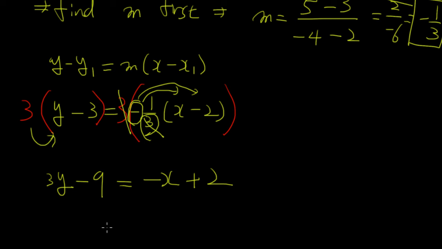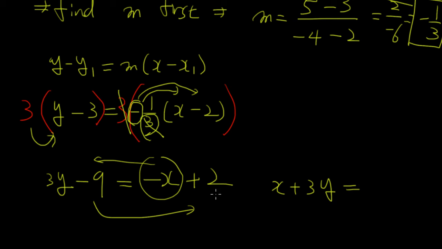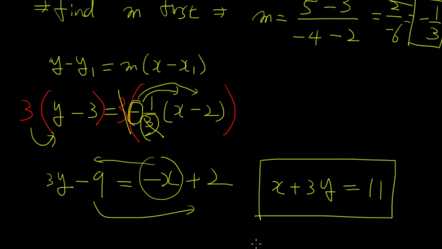Okay, so if you want to put that into the general form, now you're going to move this here and move this here. So if I move this negative x, it will be positive x plus 3y equals. This is 2. If I move this negative 9 to this side, it becomes positive 9. 9 plus 2, 11. There we go. Right?